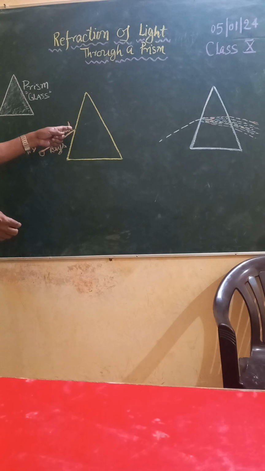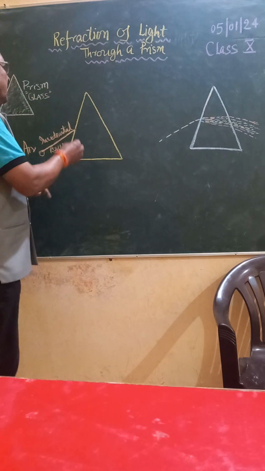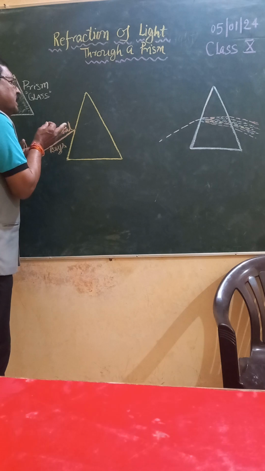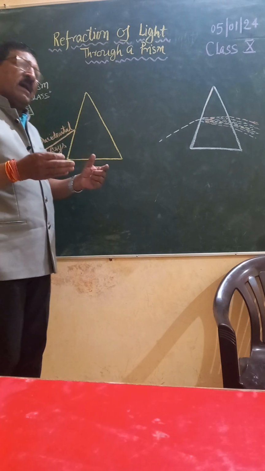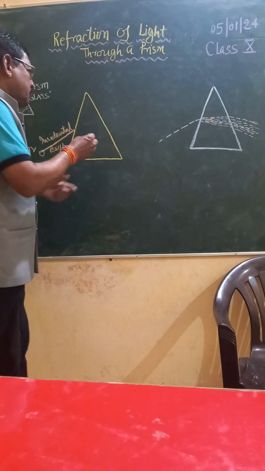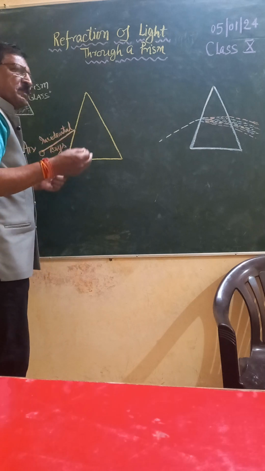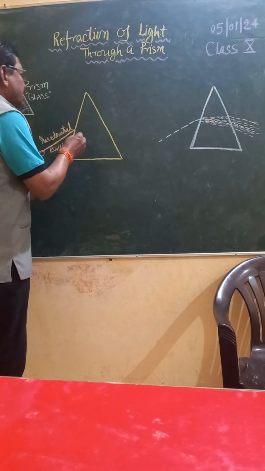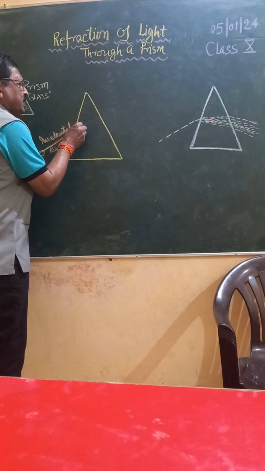When it is allowed to fall on a prism, it gets into the glass. Once it gets into the glass, it deviates from the path because the medium is very different and the speed is likely to be reduced, so it deviates from the path like this.